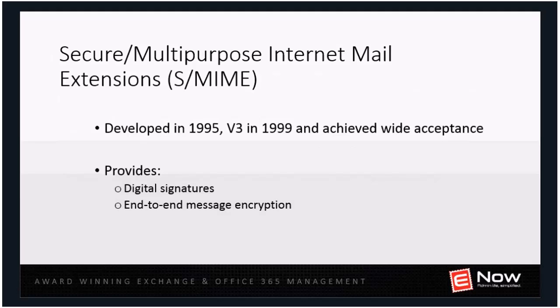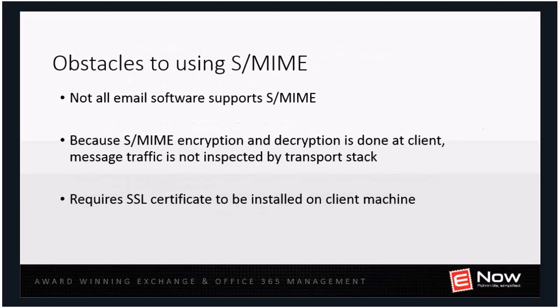It's really the most complex encryption technology that we're going to talk about here and is available to you in Exchange Online. S/MIME has 2 real major functionalities. It allows you to add digital signatures, and it allows end-to-end message encryption. So let's talk about those digital signatures first. Oh, nope, obstacles to using S/MIME. Got a little ahead of myself.